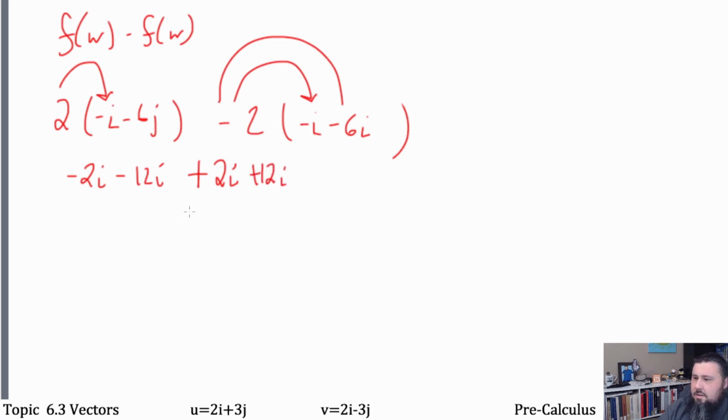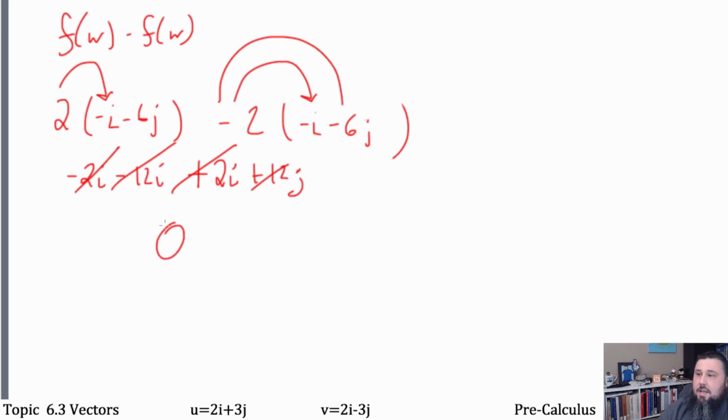And what happens here, I almost said his name. I almost TA'd myself there. Well, I actually did TA myself, right? This is a j. So now I have negative 2 times negative 6, which is 12 positive, and then a j, not an i. And once again, these cancel, and these cancel, leaving me with 0.